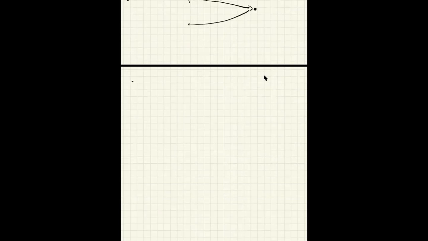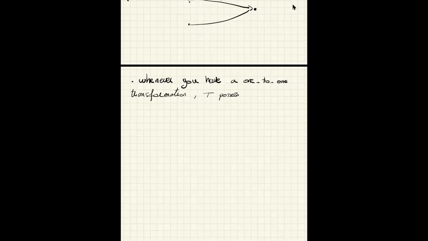Whenever you have a one-to-one correspondence, the transformation T has an inverse.